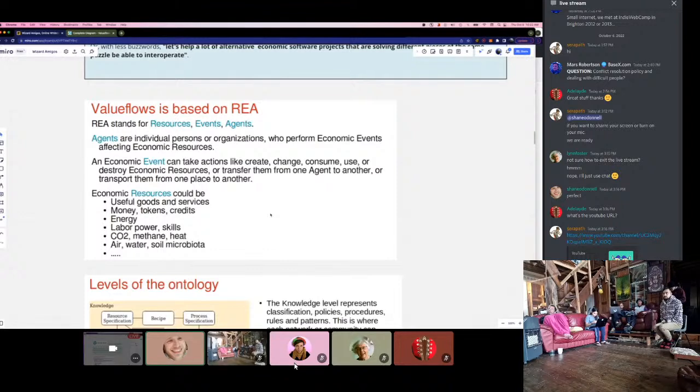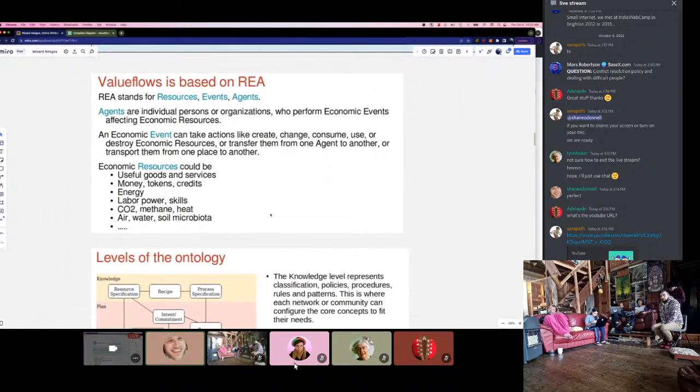An economic event is any action that changes, creates, consumes, uses, or destroys resources, or transfers them from one agent to another, or transports them from one place to another. And finally, economic resources could be goods, services, money, energy, labor, skills, CO2, methane, heat, air, water, even soil microbiota, and in this case, Figma design documents.